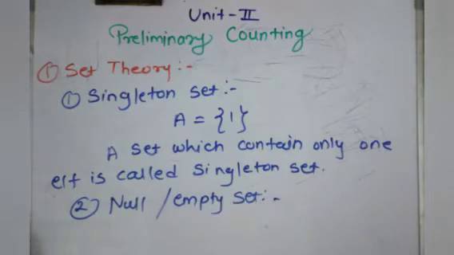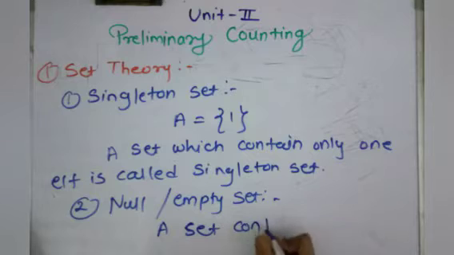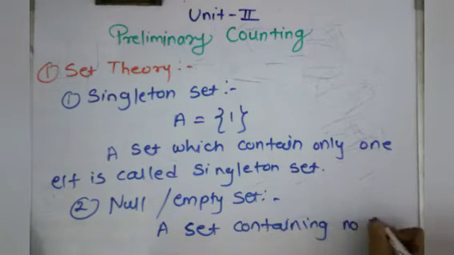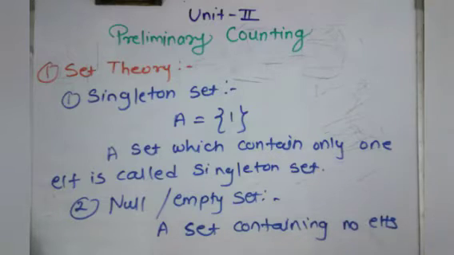We know that if a set is empty, then that set consists of no elements, right? A set containing no elements is called a null or empty set.